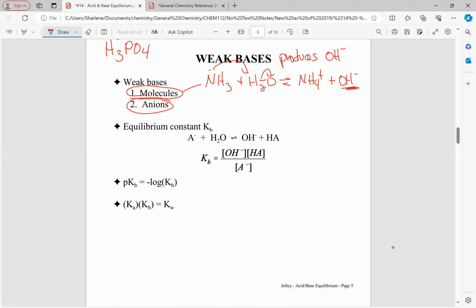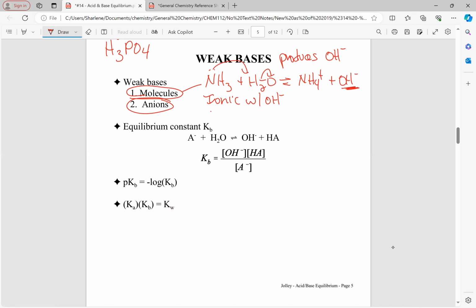Well, what about your ionics? All right, any ionic with hydroxide is considered a base because when you put them in water, it creates the hydroxide. And then last but not least, what about these anions?